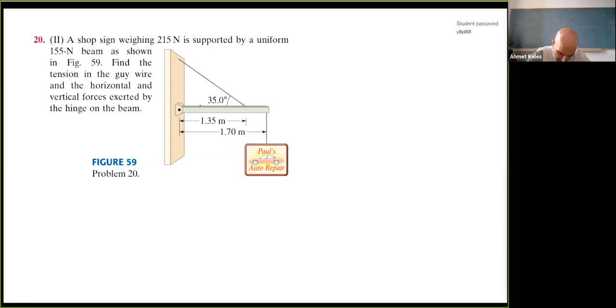So first of all, there is this thing pulling down, but I think it's going to be like the mass of this shop sign.